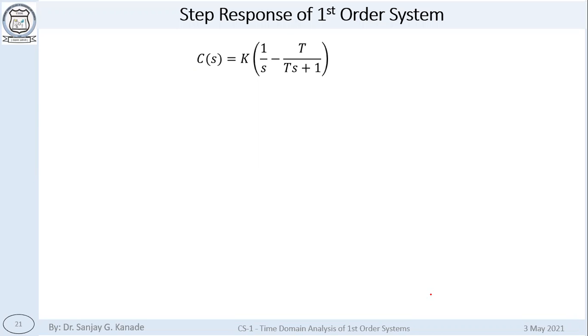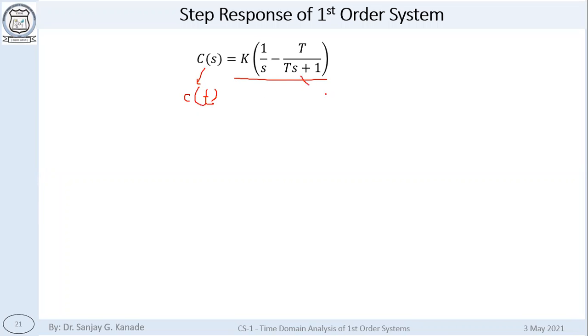Now, as we are talking about time domain analysis, the time response of the system, we have to take the inverse Laplace transform of this to find out C of t. Now you tell me, if I take the inverse Laplace transform of this, what should it be?